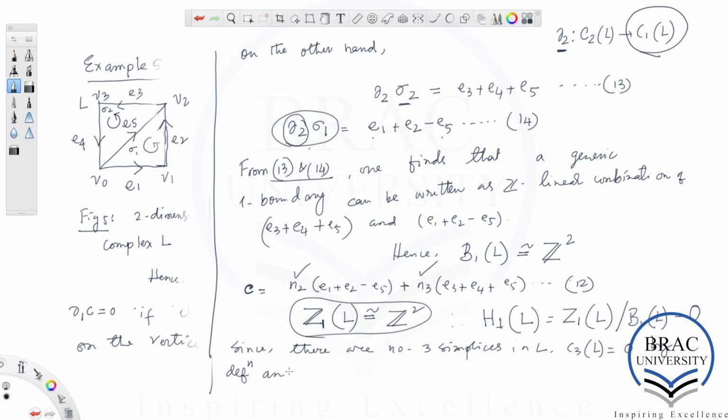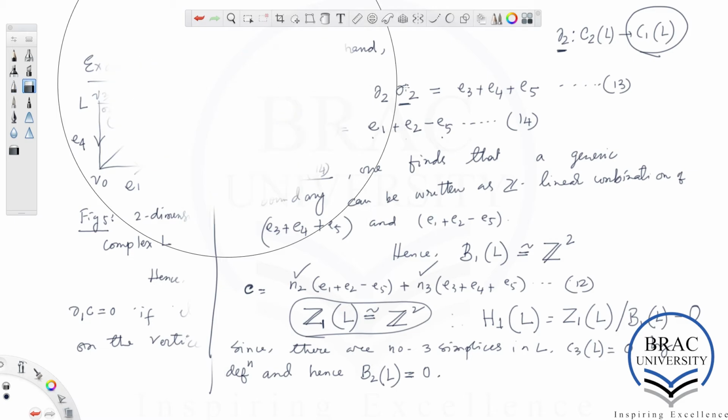And hence, using the argument that we used in the previous example, the group of two boundaries on L is also trivial. Okay, now I need room, so let me erase things here.